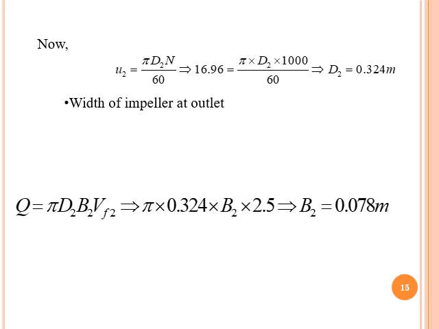The discharge equals the area of flow into the velocity of flow. The area of flow is pi D2 B2 and the velocity of flow is Vf2. Hence pi into 0.324 into the unknown width into the velocity of flow 2.5. Hence B2, the width of the impeller at outlet, equals 0.078 meter.